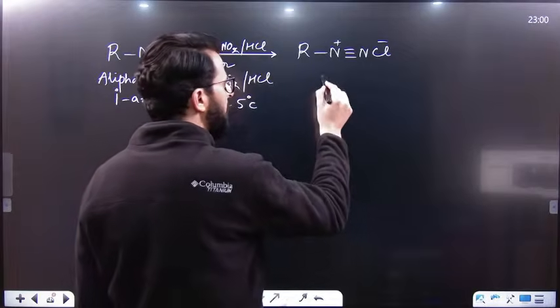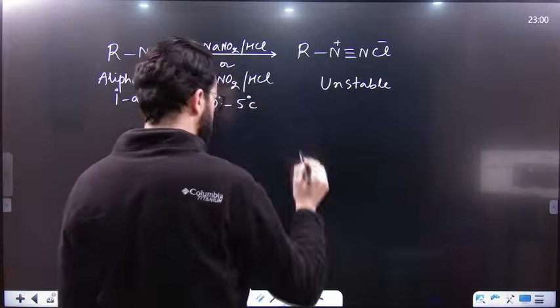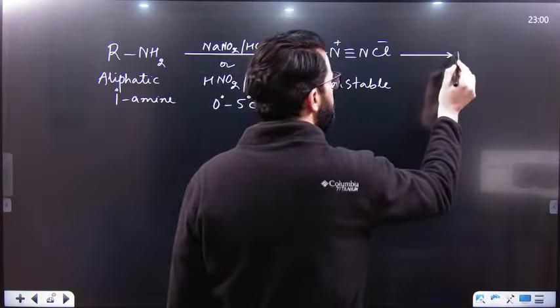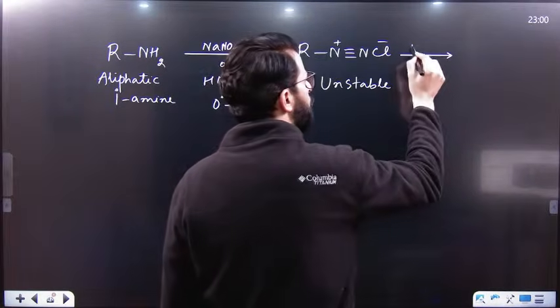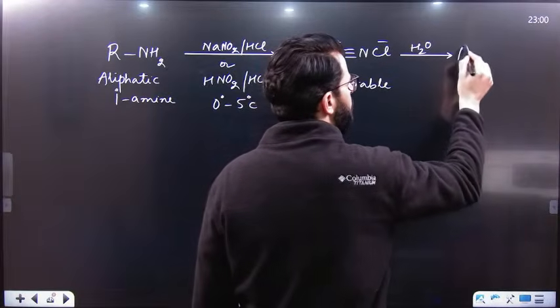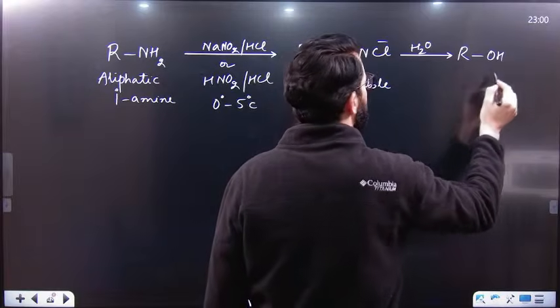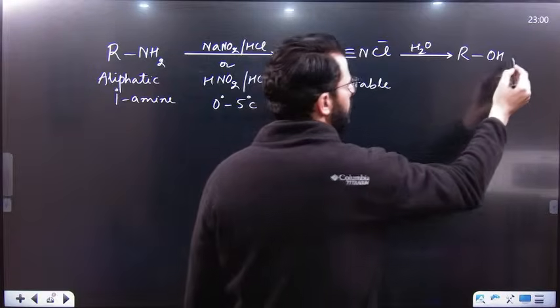But this alkane diazonium salt is very unstable even at this temperature. So in presence of water, it will simply lose nitrogen and result in the formation of alcohol plus nitrogen.